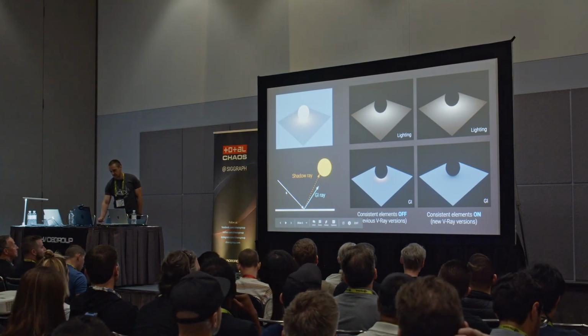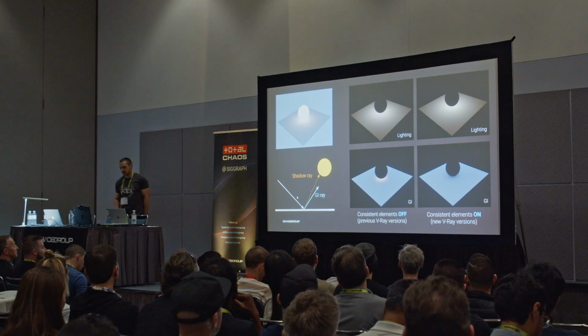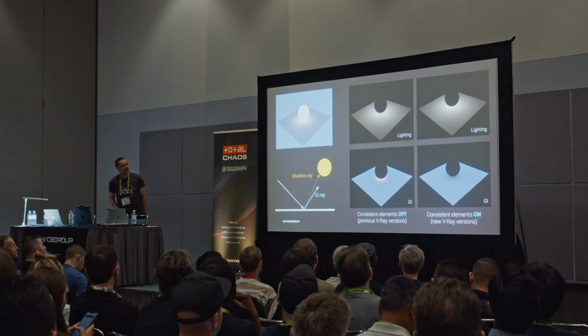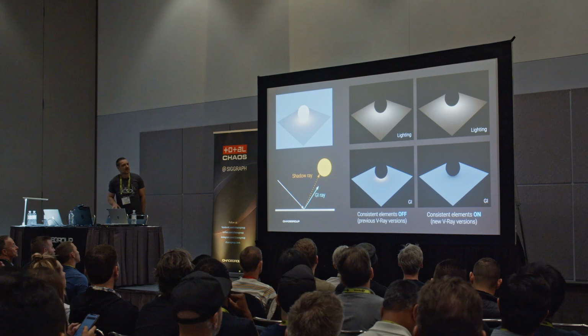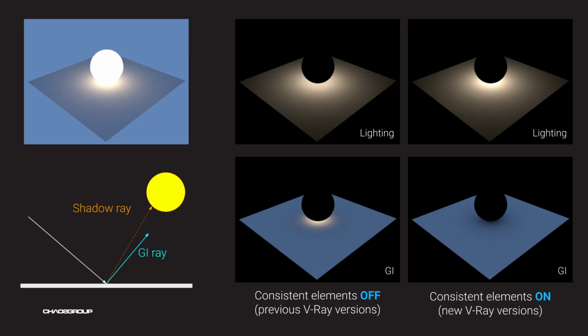So the camera ray is this one here in white. And the effect of this light source on the camera ray can be calculated in two different ways. It can be done with a shadow ray, or it can be done with a GI ray in this case. And there's a formula that allows you to combine these two calculations to get the final result.